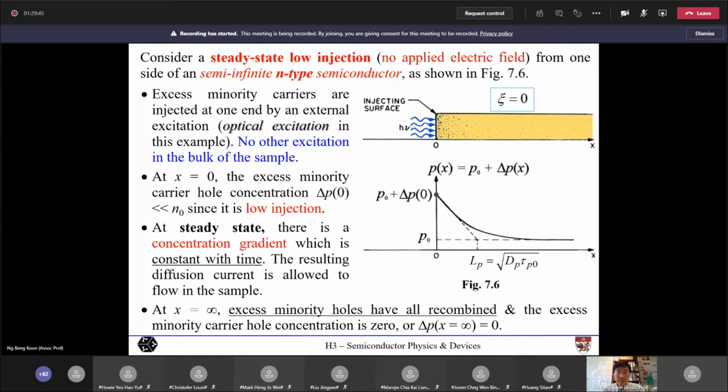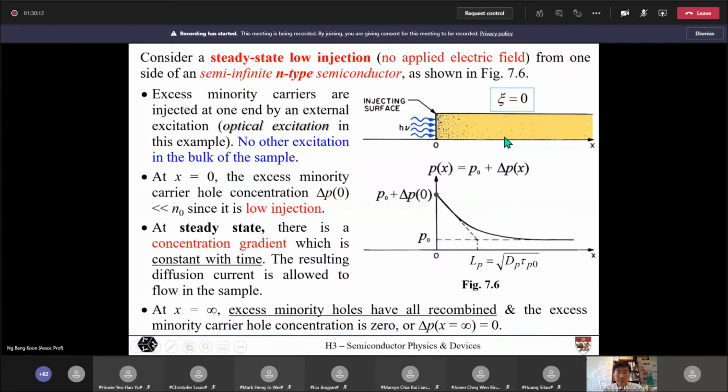So this is the second non-equilibrium condition that we'll be studying. As we mentioned, we have this piece of semiconductor where we inject carriers at one end, for example by shining light just at the end, so you can create extra carriers at the edge, which then start to diffuse and recombine as they get into the semiconductor.